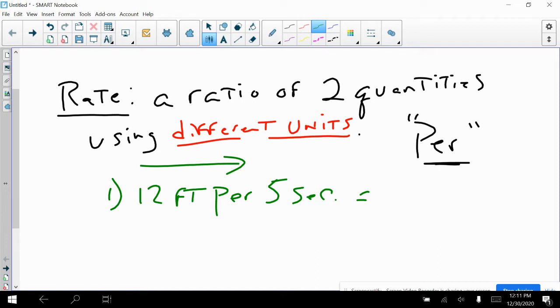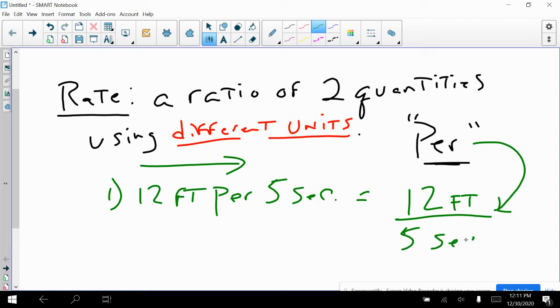That's how we read our chapter books here in America. And so we would write that 12 feet per, that line right there means per, 5 seconds.